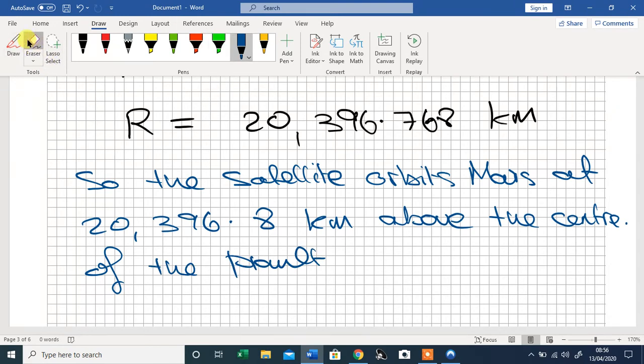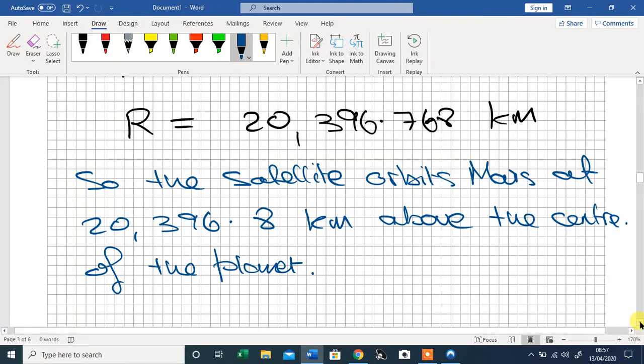Let me just, it doesn't look like very good writing, is it? Not very clear. So let's just put planet in there. I still can't write properly. Oh well, that will have to do. Planet.